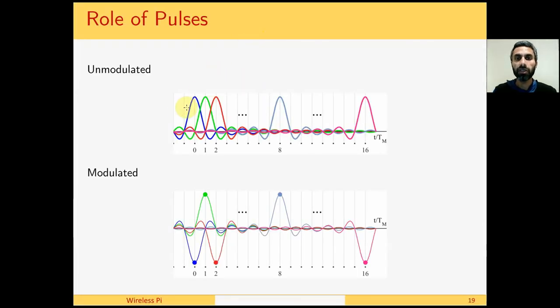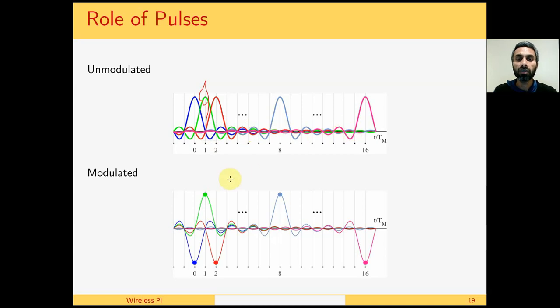Let's look at this very interesting figure. So this is pulse number 1, pulse number 2, pulse number 3. You can see that they are all passing through a point where there is no inter-symbol interference from the other pulses. So when this pulse reaches its peak value, every other pulse is going through 0. Even this one, if you see the contribution long far enough, you will see that it's passing through 0.